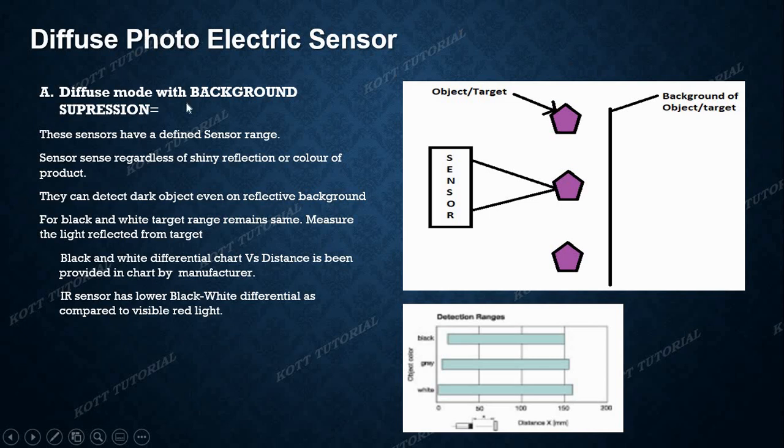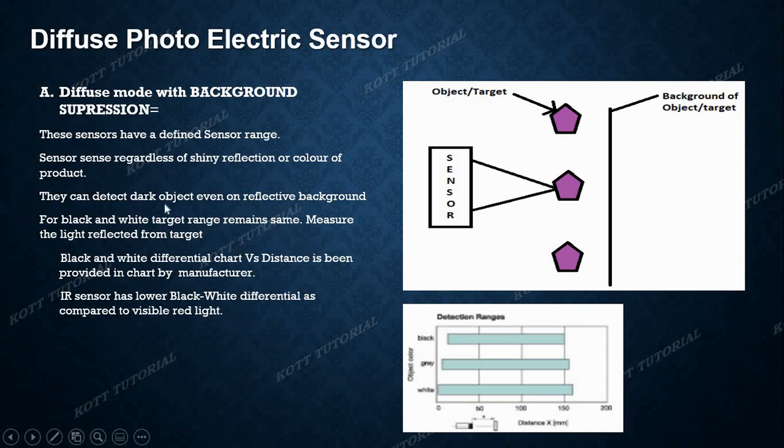That is the reason it is called the background suppression method. These sensors have a defined sense range regardless of shiny reflection or color of the product. They can detect dark objects even on a reflective background. For black and white targets, the range remains the same.